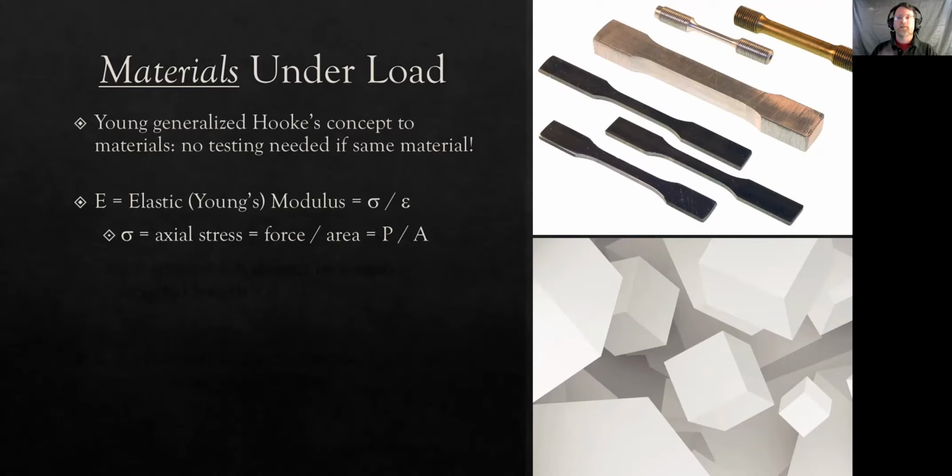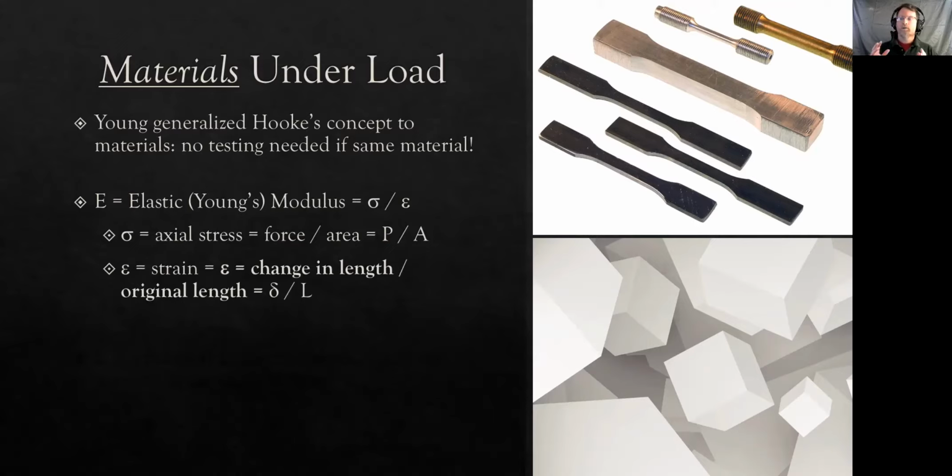So that's 2 dimensions that we are normalizing for any particular part. And here's the strain. The strain is the change in length divided by the original length, taking care of that 3rd dimension.